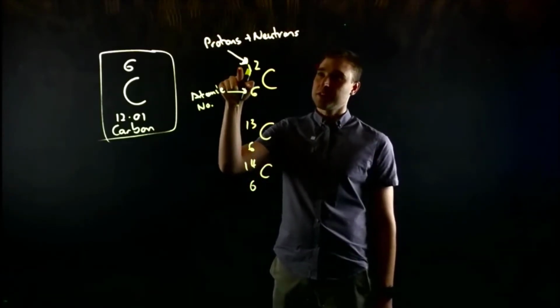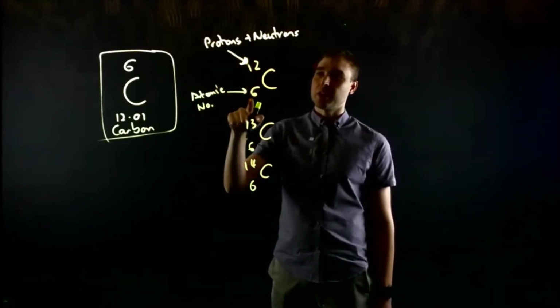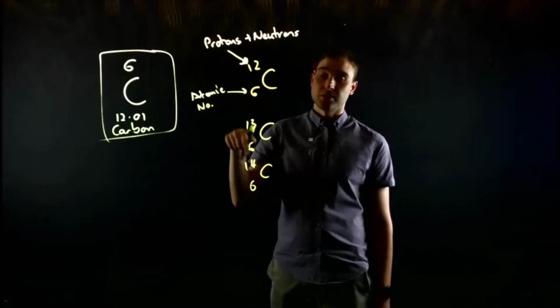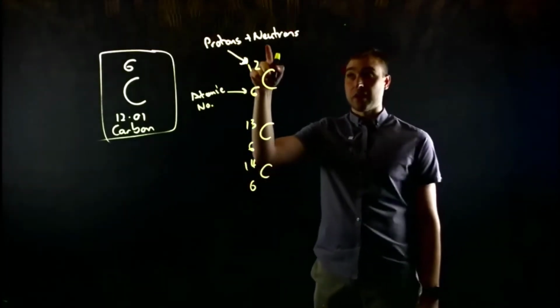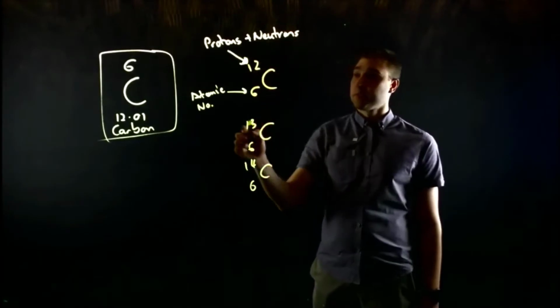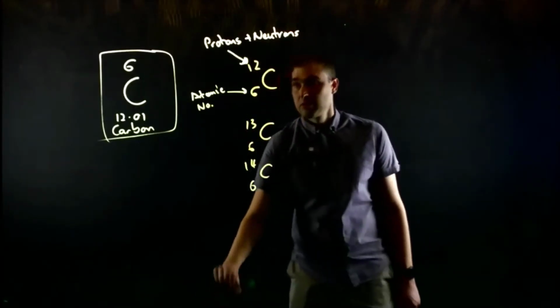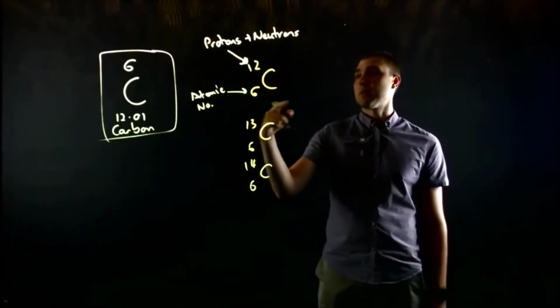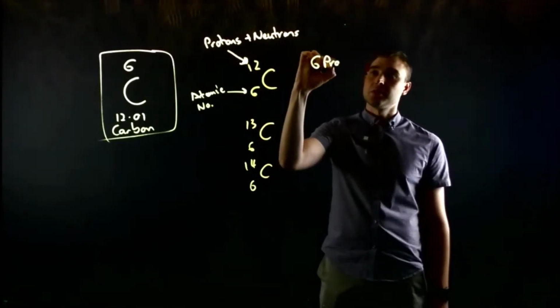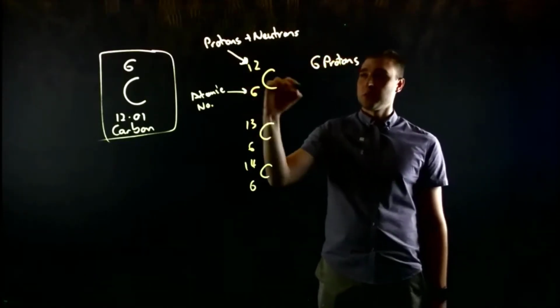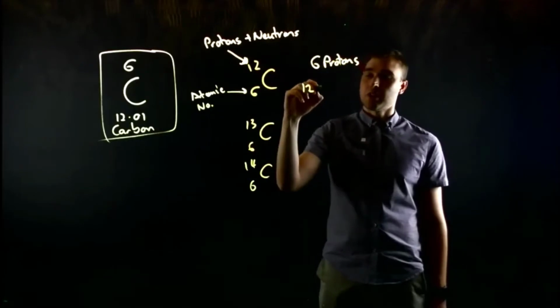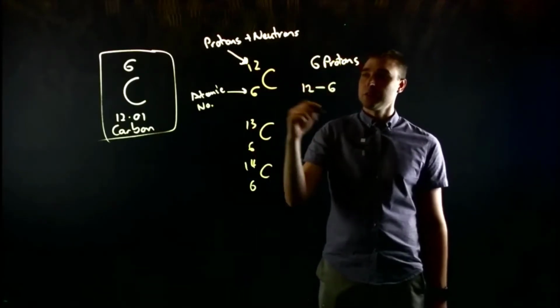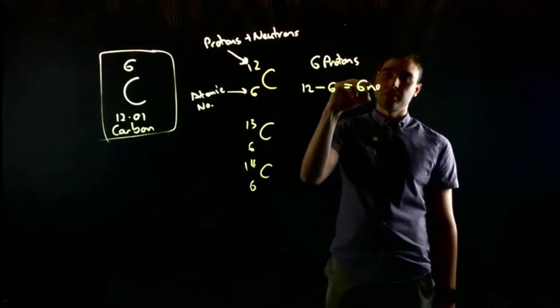So we've got the mass number, protons plus neutrons, and the atomic number gives us the number of protons. So from that we can figure out how many neutrons we have in the nucleus. So if we've got carbon 6, so we've got 6 protons, then we do 12, the atomic mass, minus the atomic number, and that tells us how many neutrons are in this atom.